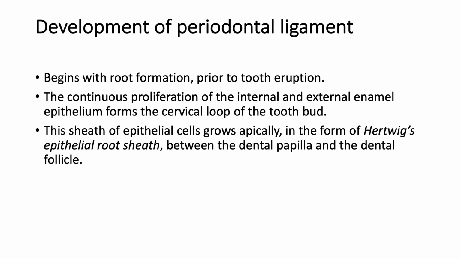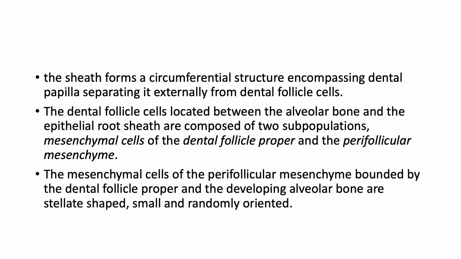Development begins with root formation prior to tooth eruption. Continuous proliferation of internal and external enamel epithelium forms the cervical loop of the tooth bud. This sheet of epithelial cells grows apically in the form of Hertwig's epithelial root sheath between the dental papilla and dental follicle.